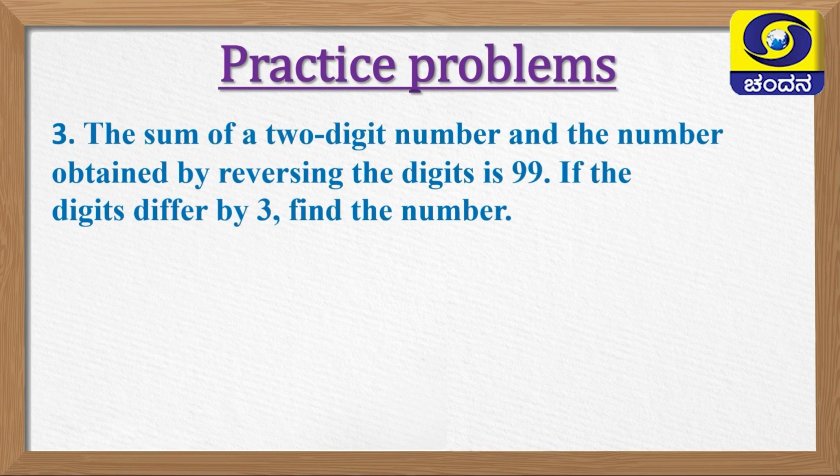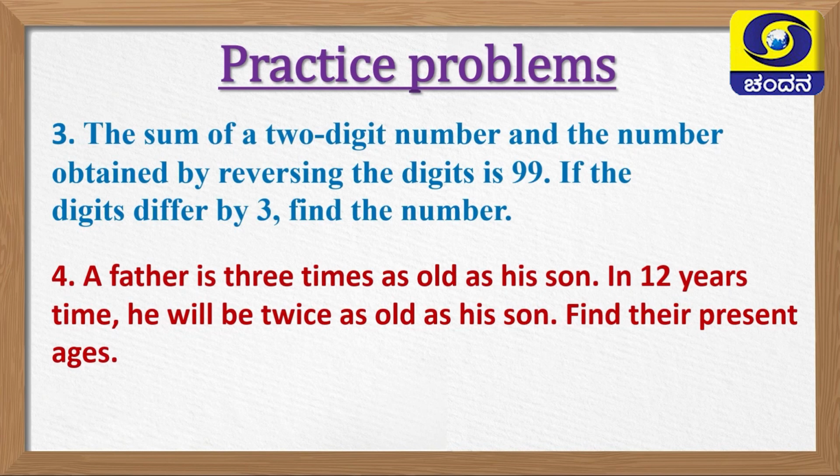The sum of a 2-digit number and the number obtained by reversing the digits is 99. If the digits differ by 3, find the number. So, next question. A father is 3 times as old as his son. In 12 years of time, he will be twice as old as his son. Find their present ages.